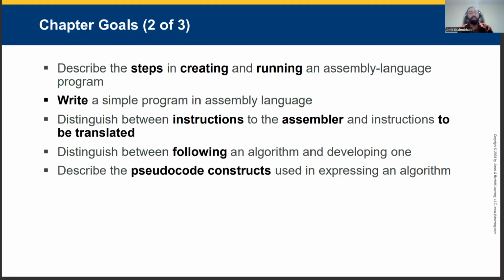Additionally, this part covers understanding the difference between following an algorithm and developing one. You'll also explore the main pseudocode constructs used to express algorithms clearly and systematically. These skills are essential as we transition from machine instructions to more human-readable algorithm design.